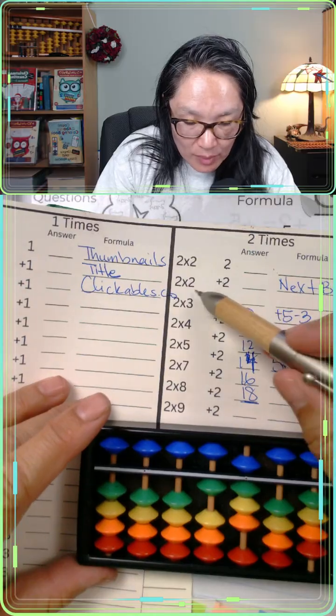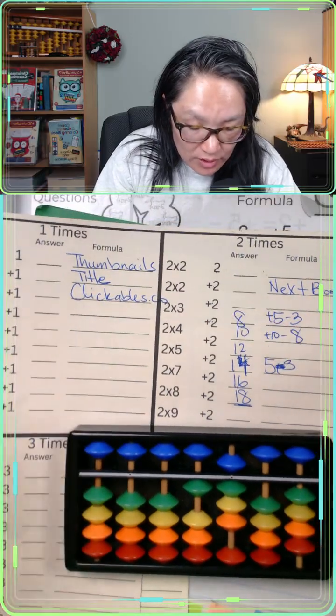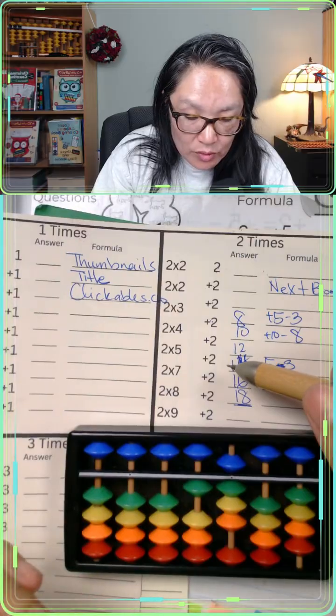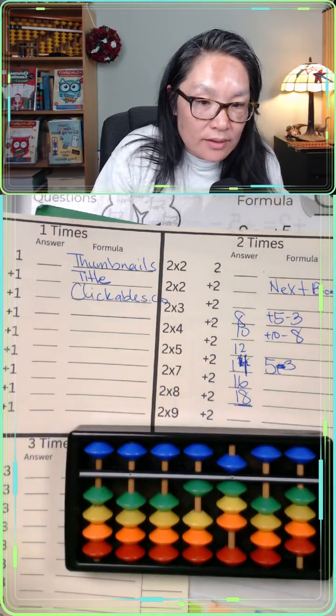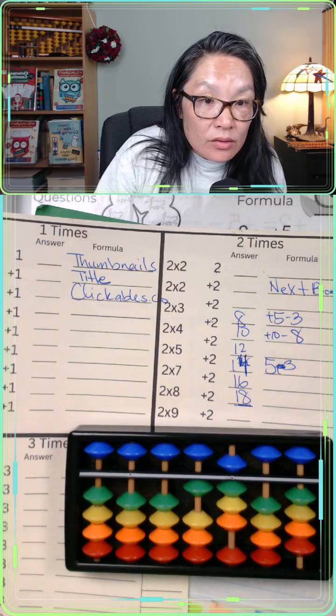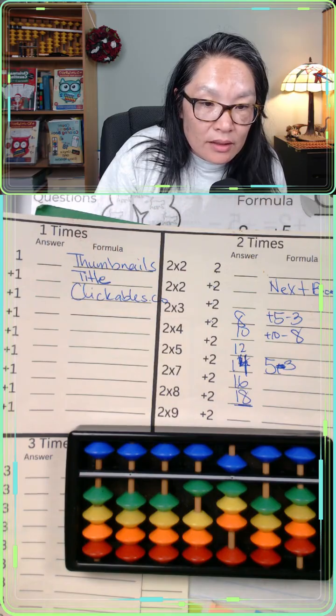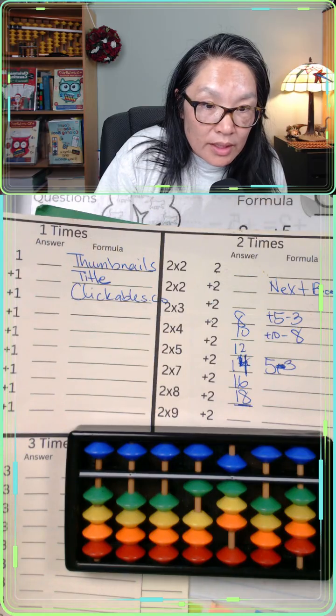You need to memorize this. Abacus will help you solidify your multiplication facts. Okay. Thank you, Nice Tree, for the rose. This was confusing back then. Oh, I'm sorry. I don't want to get confused.